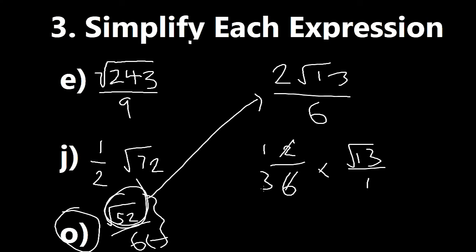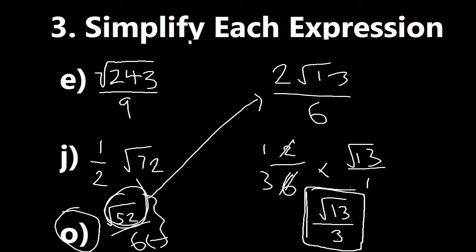So that's now 1/3, and if we use our multiplication of fractions, we can say 1 times root 13 is going to be root 13. So that's the top. And then for our bottom, we have now 3 times 1. What's that? 3. So this here, root 13 over 3, is our simplest form.